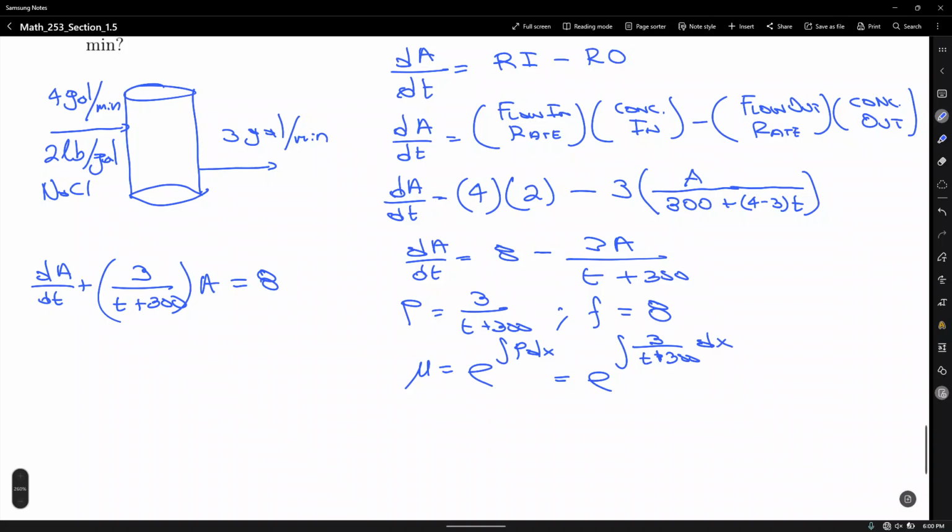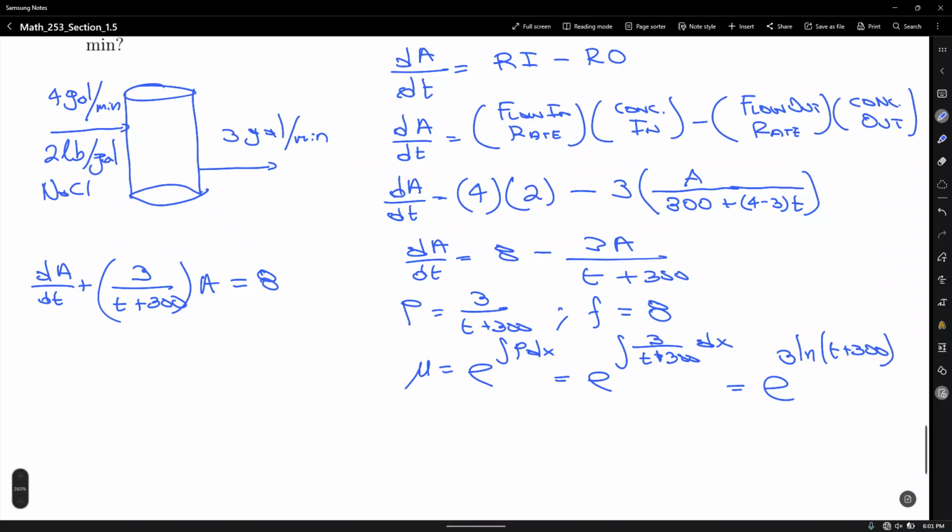Yeah, it looks like a big term, but that doesn't seem like the hardest integral to evaluate in the exponent, because this 3 is just a multiple constant, and the integral of 1 over (t plus 300) is simply ln of (t plus 300). So e to the 3 times ln of (t plus 300). And notice I'm putting parentheses as opposed to the usual absolute value bars, because in this case, we're not going to consider any negative times.